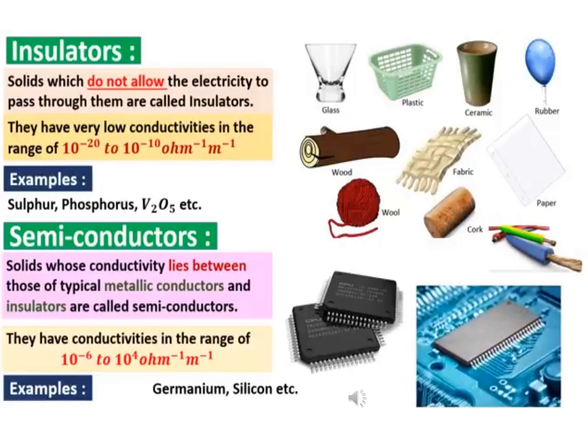Their conductivities are in the range of 10 raised to the power minus 6 to 10 raised to the power 4 per ohm per meter. Examples of semiconductors are germanium and silicon. In this figure you can see silicon chips, which are an example of semiconductors.